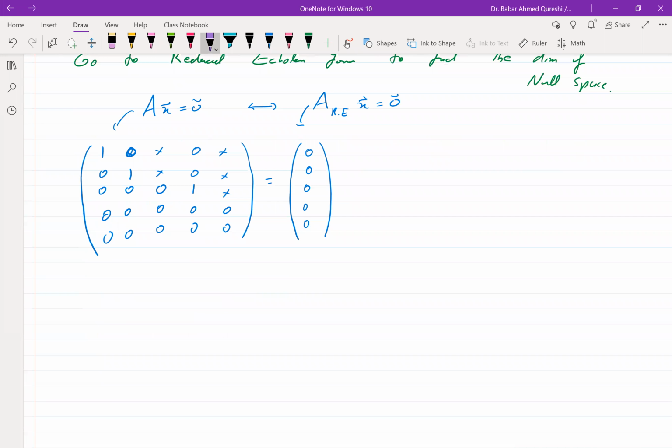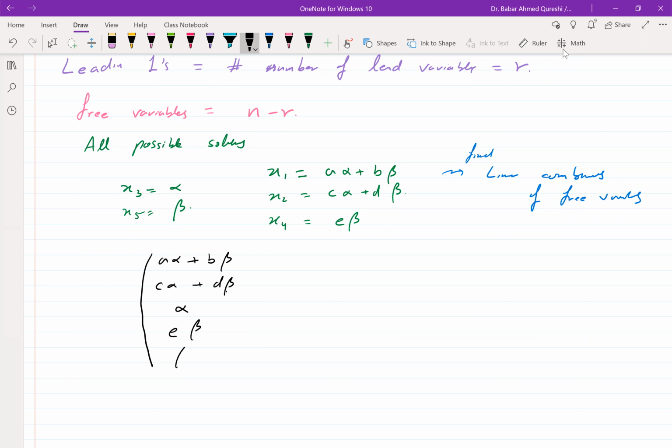This A, B, C, D, E are fixed in your matrix, whatever form you got. Alpha, beta are free. So your general solution will look like C, D beta, alpha, E beta, beta. Now I can separate alpha and beta.